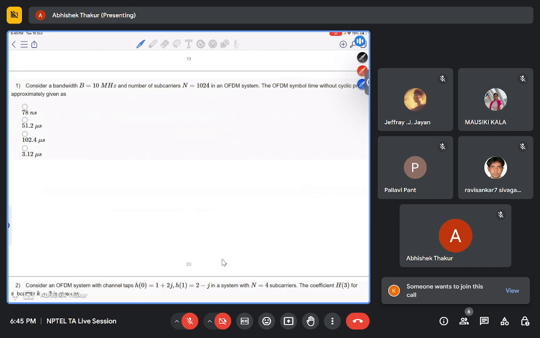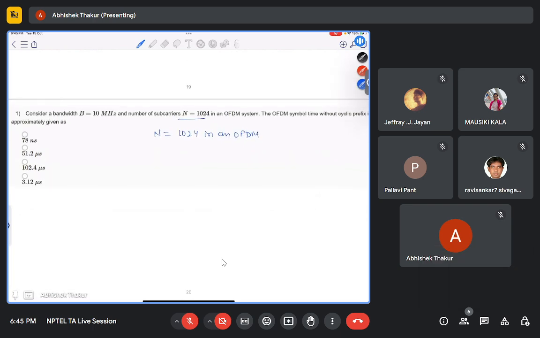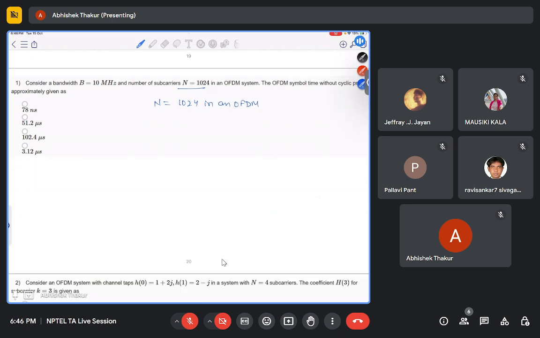Question number 1: consider a bandwidth B equal to 10 megahertz and the number of subcarriers N equal to 1024 in an OFDM system. The OFDM symbol time without cyclic prefix is approximately given as. Here N is equal to 1024.